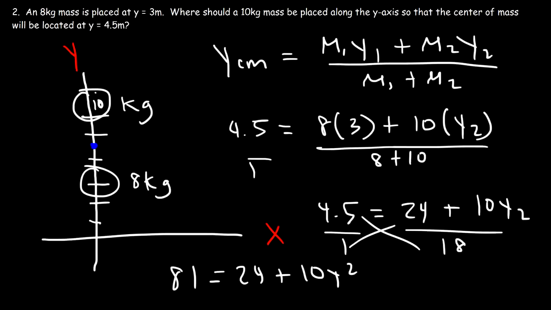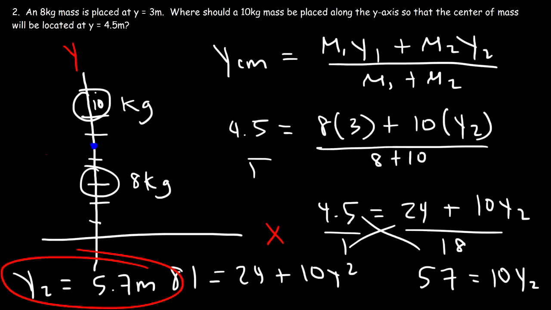So now let's subtract both sides by 24. 81 minus 24 is 57. So 57 is equal to 10y2. And then let's divide both sides by 10. So the position of the second mass should be at 5.7 meters if we want the center of mass to be at 4.5.